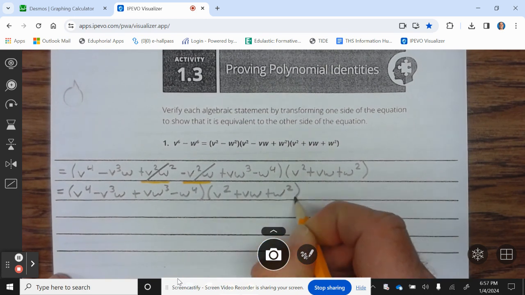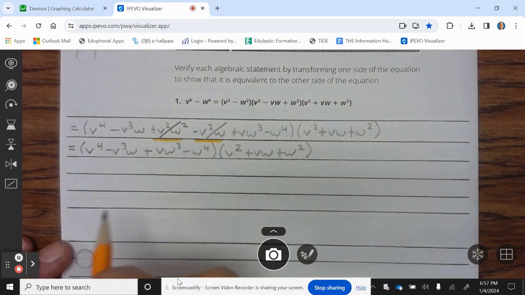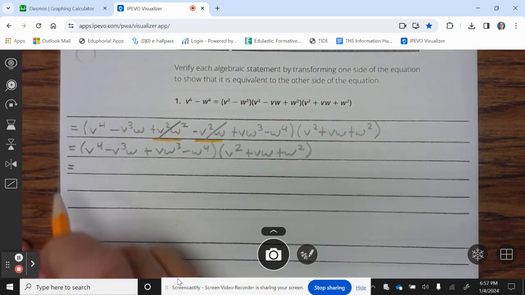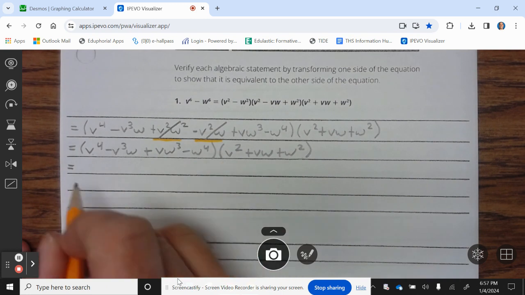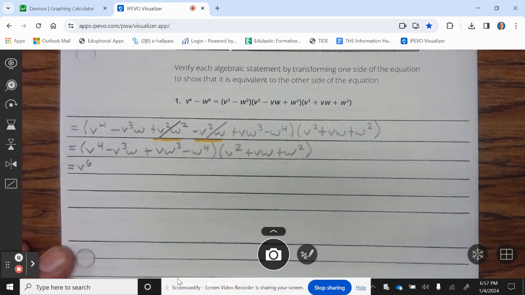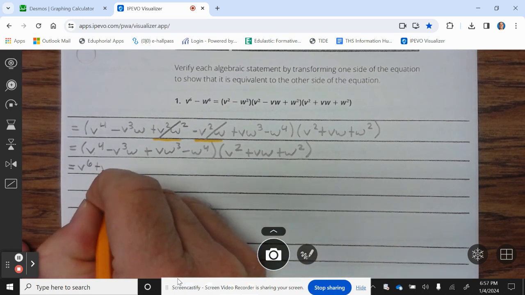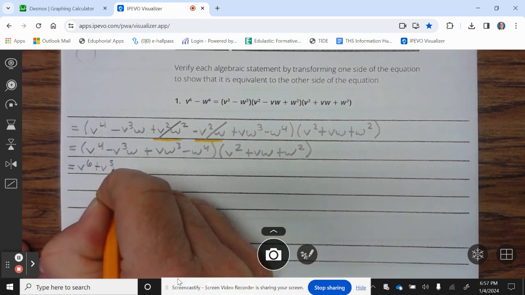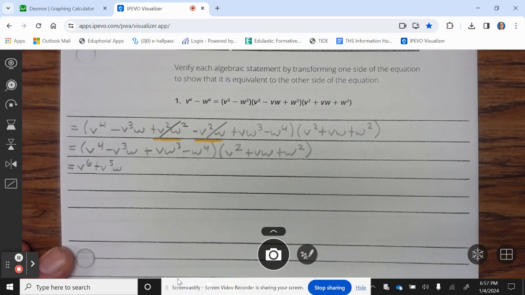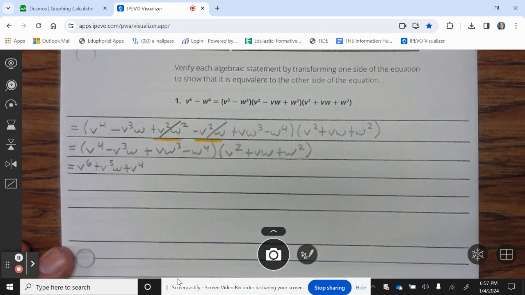Now, there's going to be a lot of terms, so I'm going to have to write kind of small so I can get it all to fit in when we FOIL this. So v to the 4th times v squared is v to the 6th. V to the 4th times vw is plus v to the 5th w. V to the 4th times w squared is plus v to the 4th w squared.